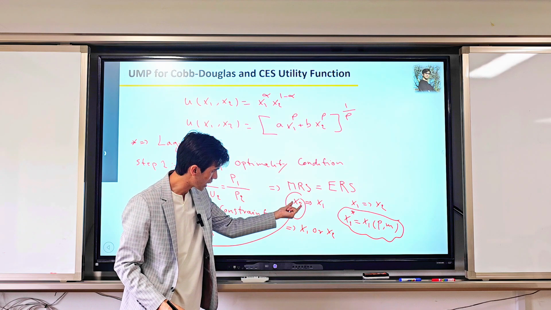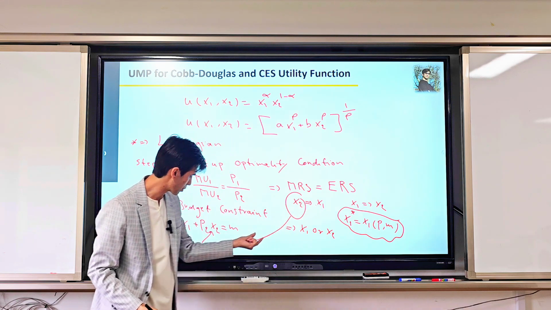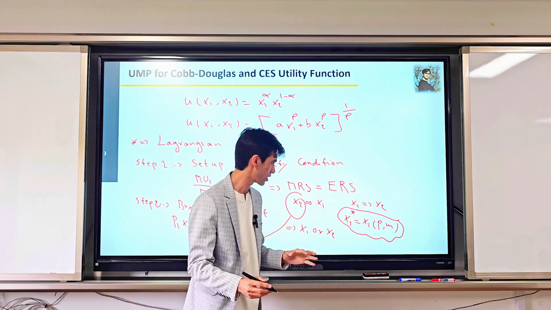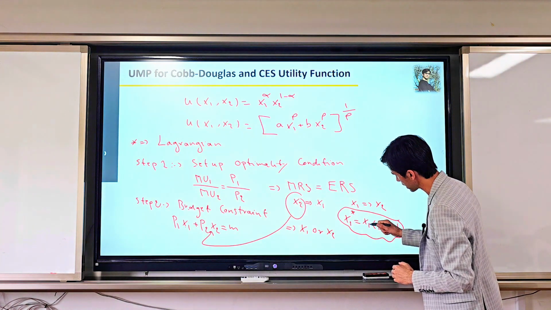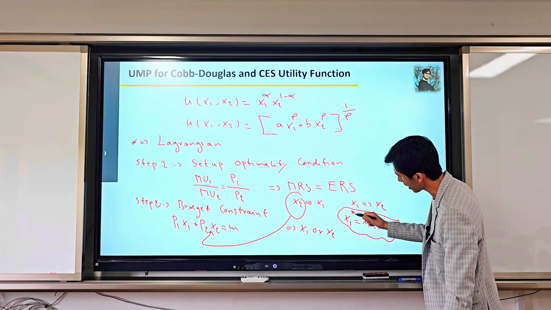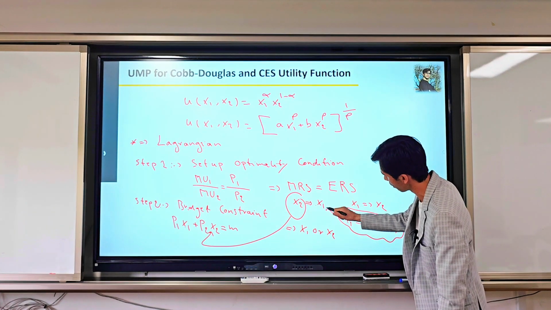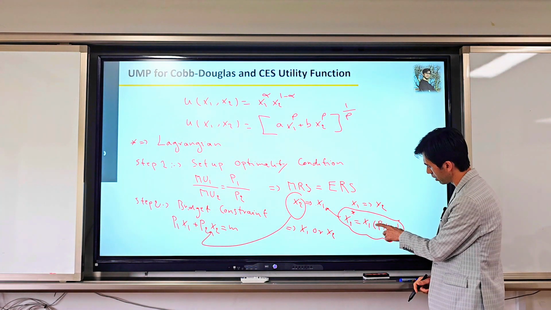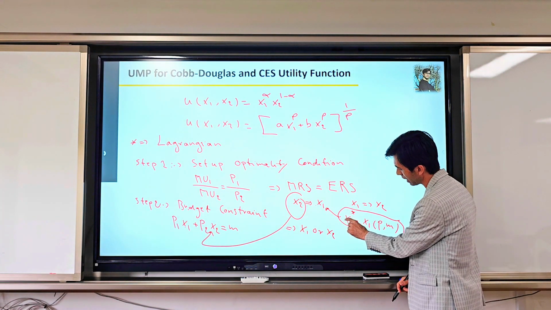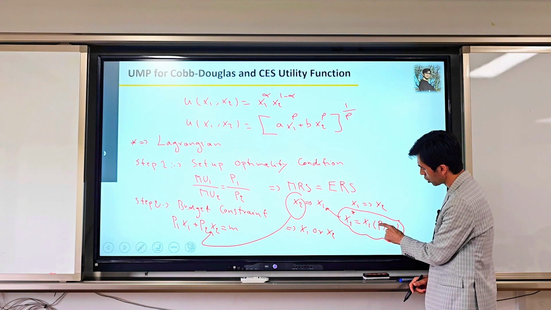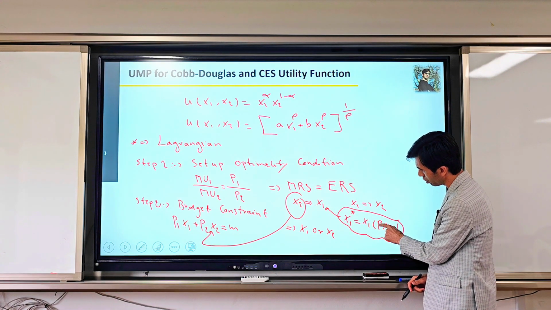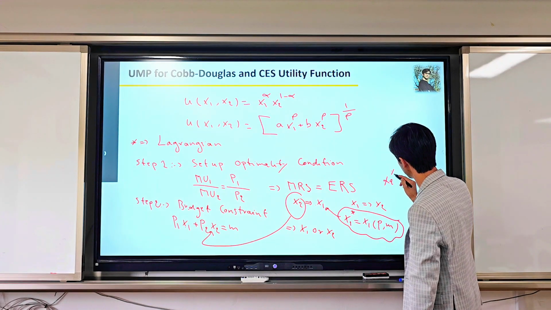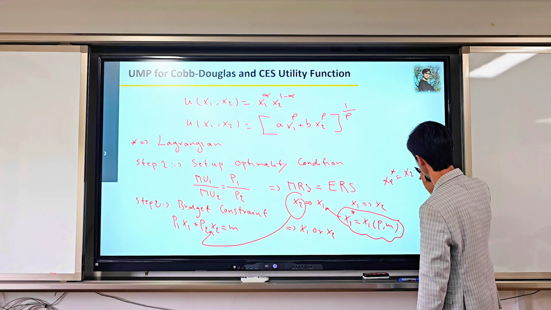Because we found x2 here in terms of x1, and we substituted into the budget constraint to find x1. So the next step is to substitute this optimal x1 into this function here. Because now we have x1 as a function of p and m, we just substitute it, then we can find the optimal x2 bundle as some function of p and m.